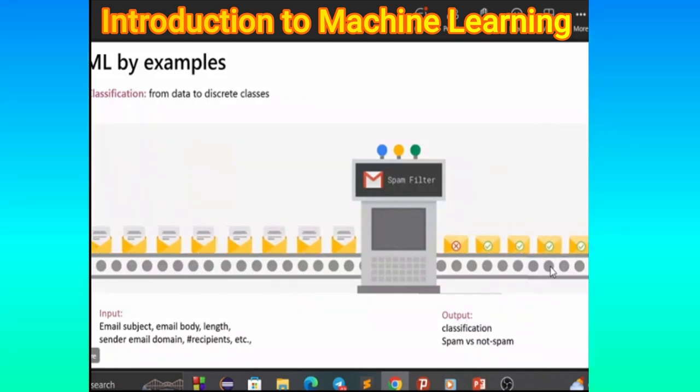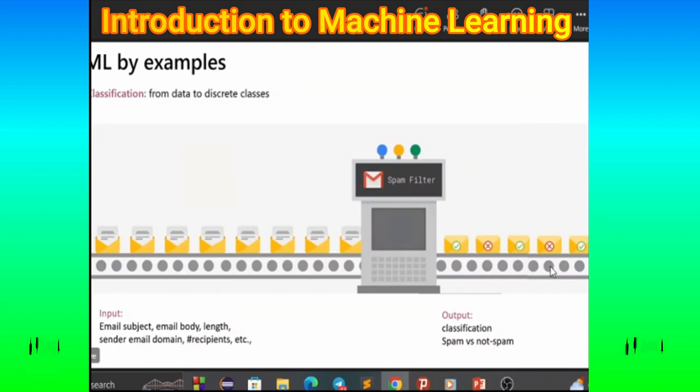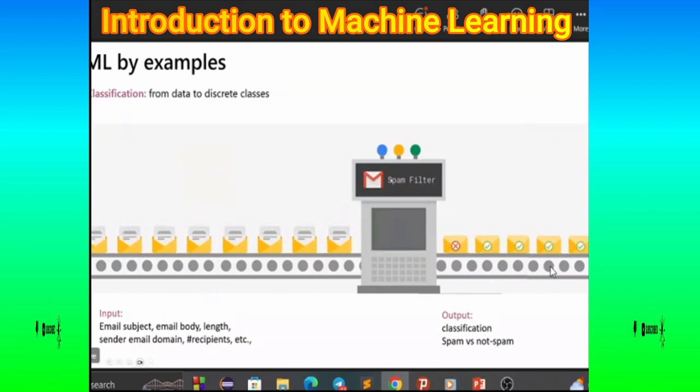Based on these criteria, a machine can be trained to have a machine learning model that we call a spam filter. Here, what you see at the center is a model that we call a spam filter, checking each of the emails and classifying them as either non-spam or spam. So this is just one particular example of machine learning, which is classification.